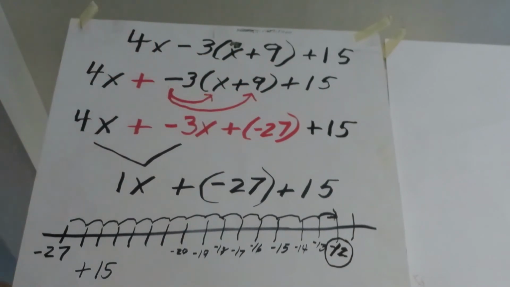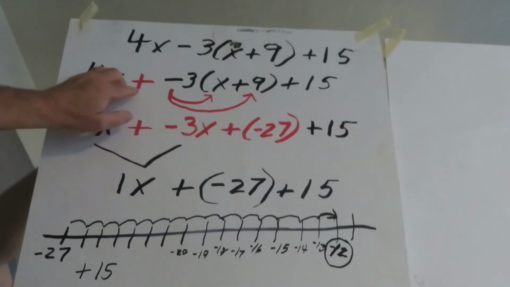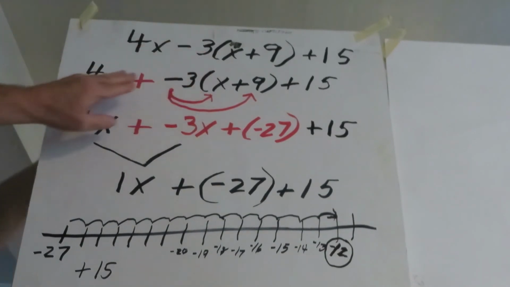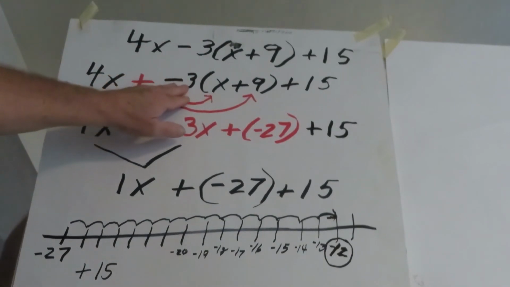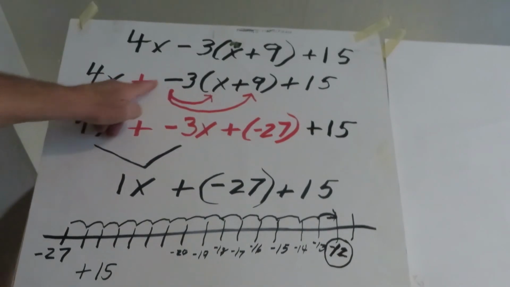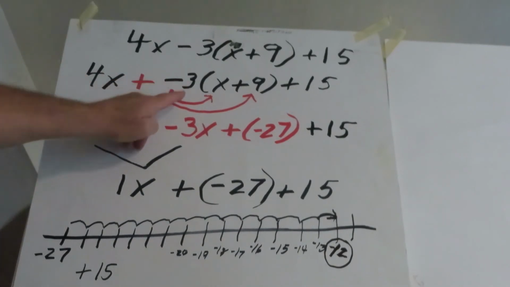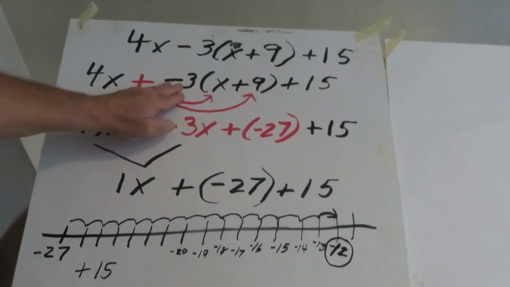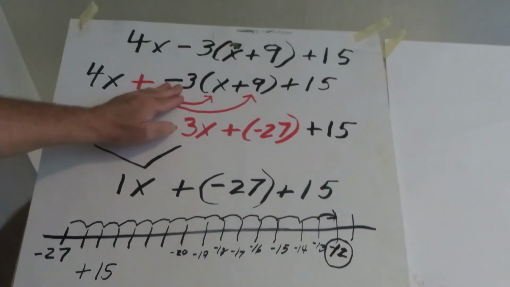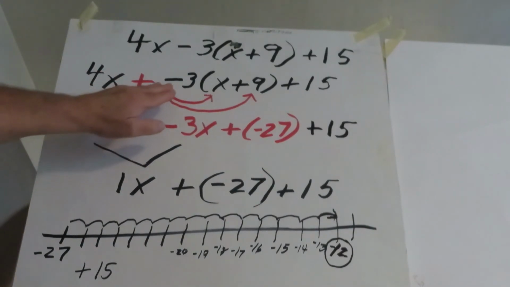First of all, like I always do, it's a minus 3 here. I changed the minus to plus a negative. It's my favorite thing to do. I dream about it at night. So I changed the minus 3 to plus negative 3.